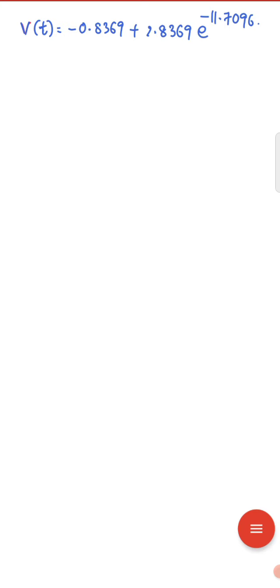Now the questions they asked: the first question is find the velocity of the ball as a function of time. We found the answer for the first question, right? How long does it take for the ball to reach its maximum height?